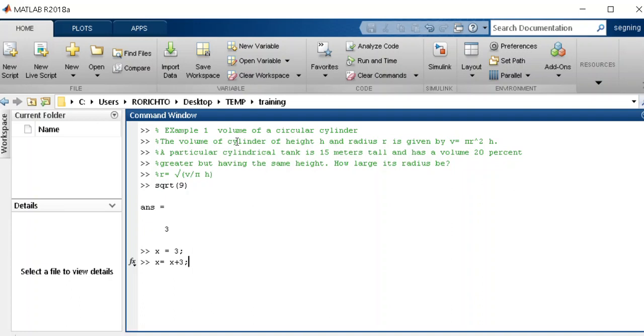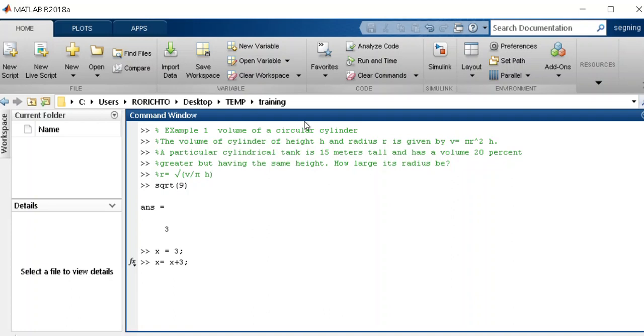The volume of a cylinder of height h and radius r is given by V equals pi r squared h.